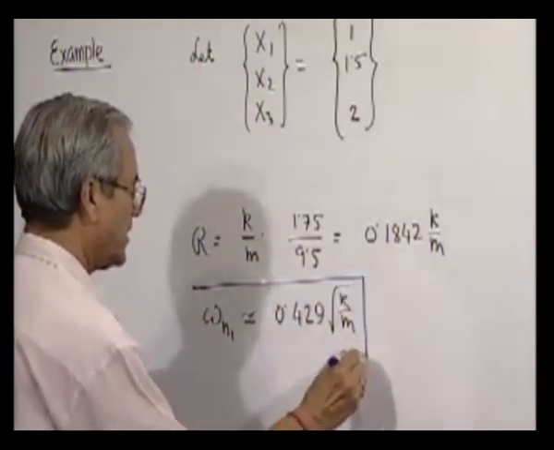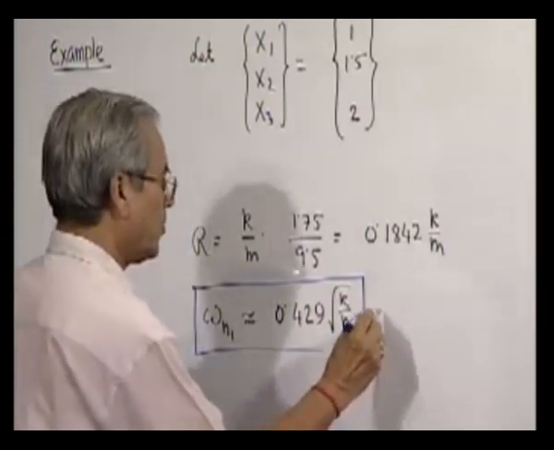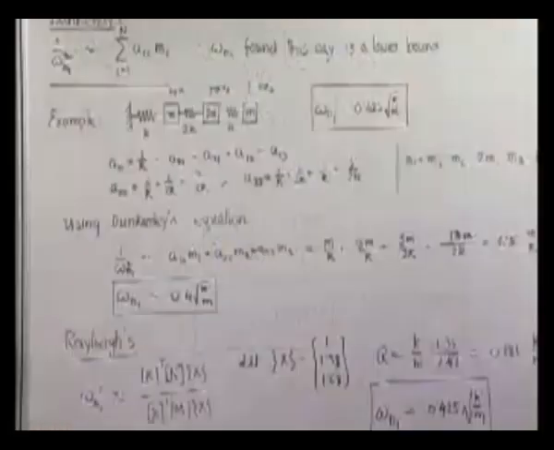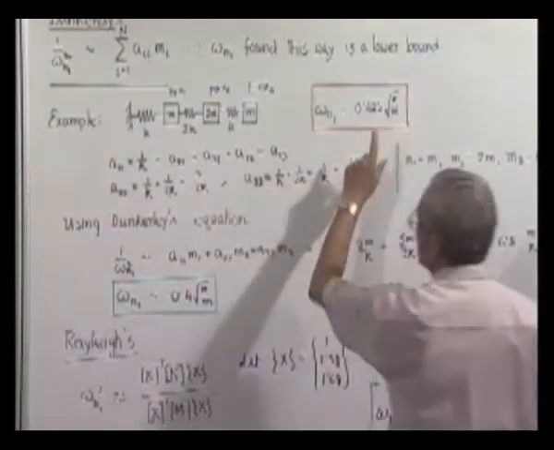So, surprise that even if we made such a crude assumption of the mode shape, you can see it is only in the third place that the error is coming.